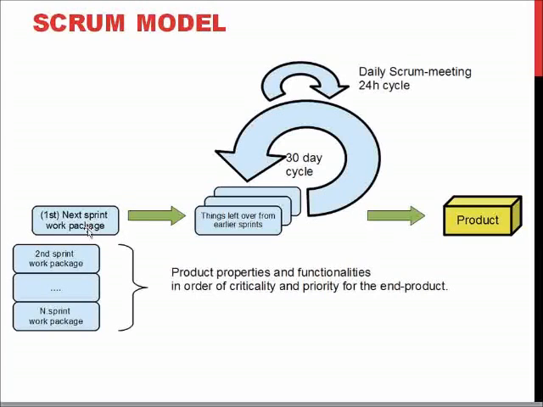We take the first package, add it into the things that we are currently doing, and have a 30-day cycle to develop those requirements from that work package, and during that 30 days we are doing a daily Scrum meeting to see where we are. If there are things left over, we might want to do a backlog burn down iteration where we are just doing things from the existing packages or some other things.